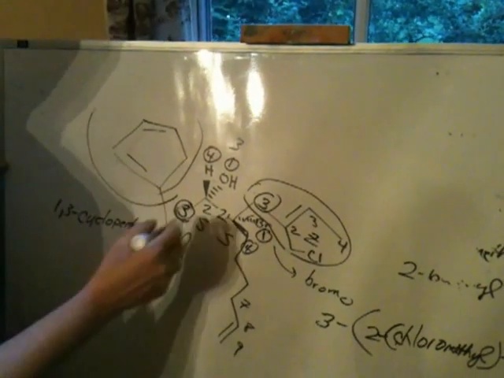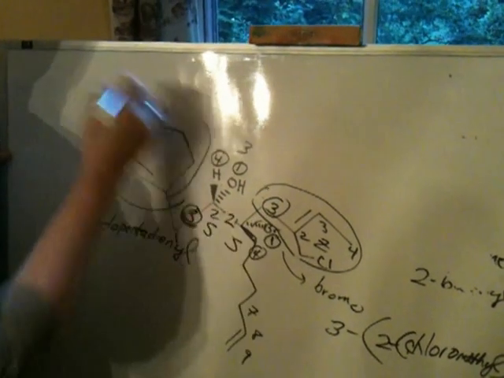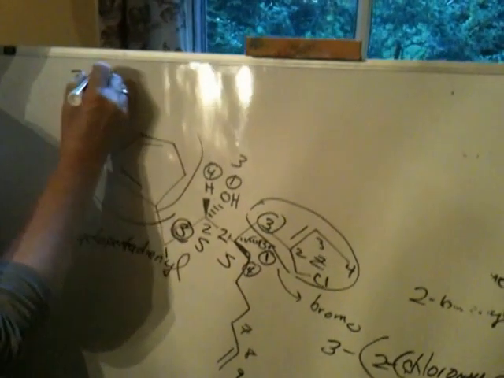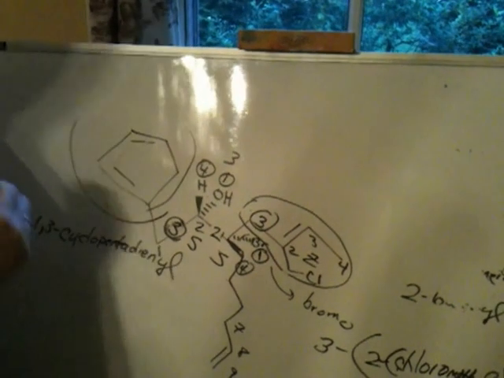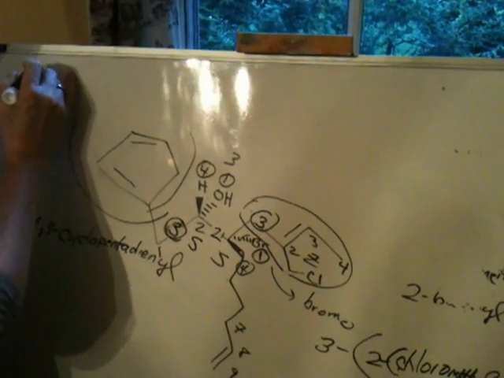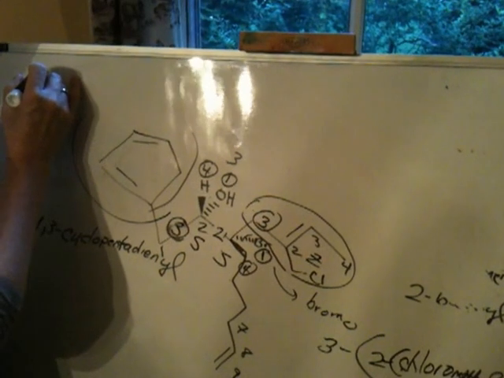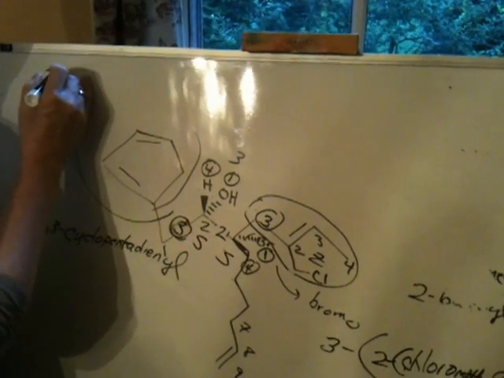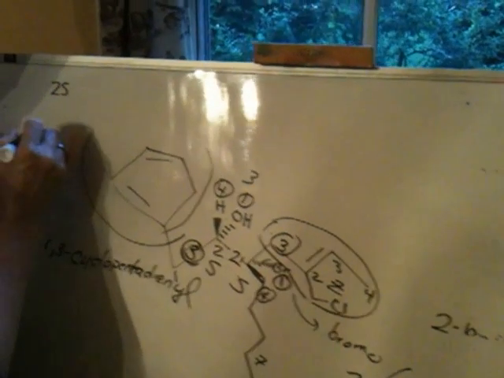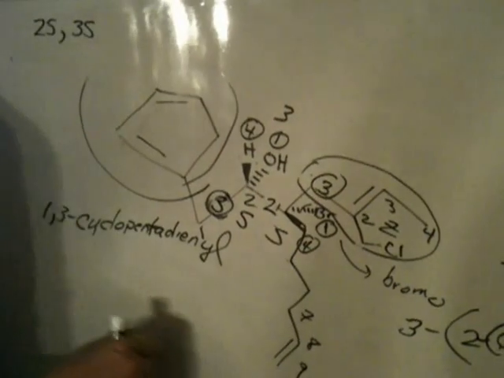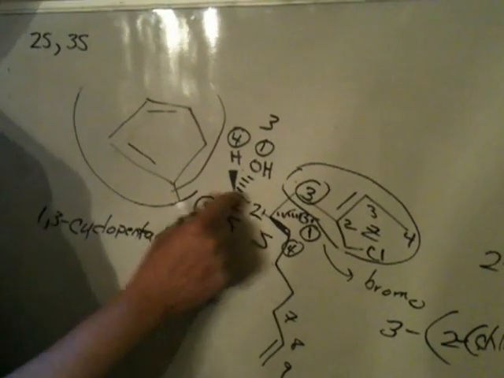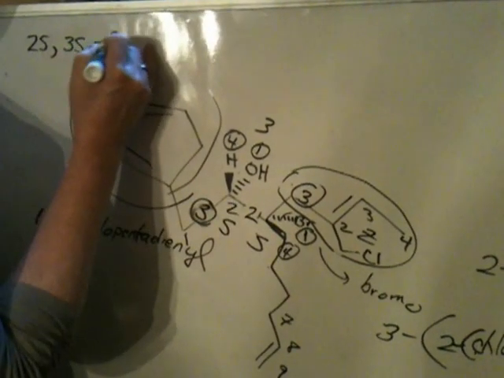This is 1, 2, 3, so it's going to be a 3-bromo. Let's put the stereochemistry in first. It's 2S, 3S. And then it's 1, 2, 3, so it's 3-bromo.